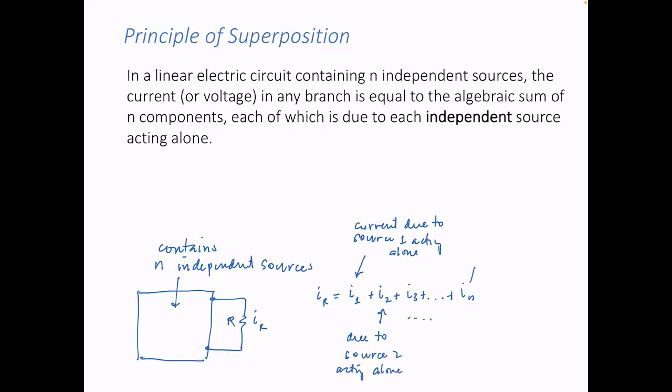This is source n acting alone. So yun yung ibig sabihin ng superposition. If I have n independent sources, then the current or voltage in any branch of the circuit is equal to the algebraic sum of the n components, each of which is due to each independent source acting alone.